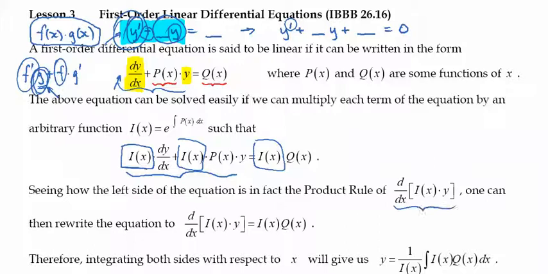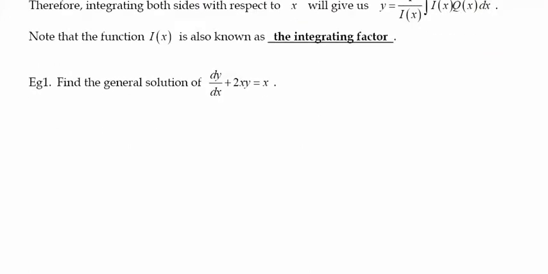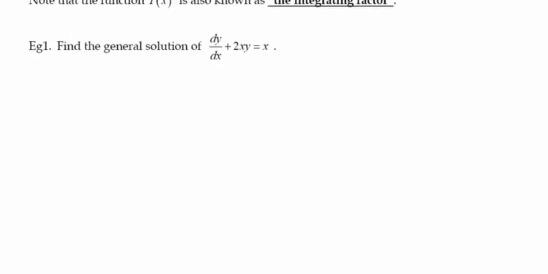This integrating factor can be obtained by using this equation here, by integrating this middle term and having base e raised to the power of that. That's how you get your integrating factor. So we are going to look at example number 1 to see how this integrating factor can be obtained, and then solve this differential equation.